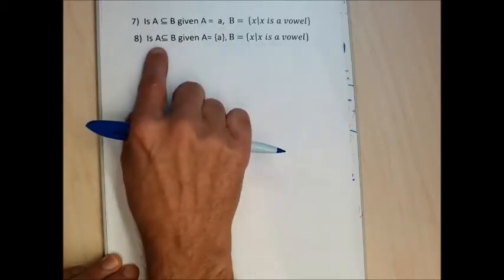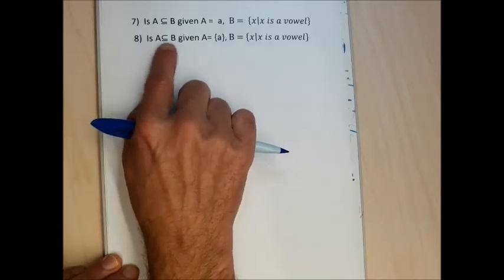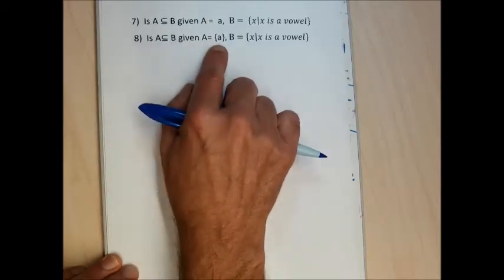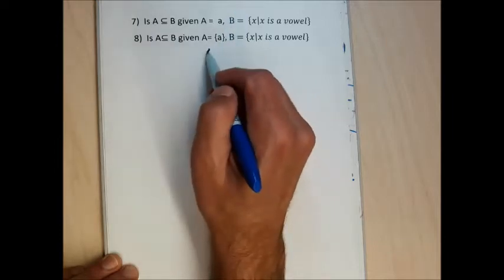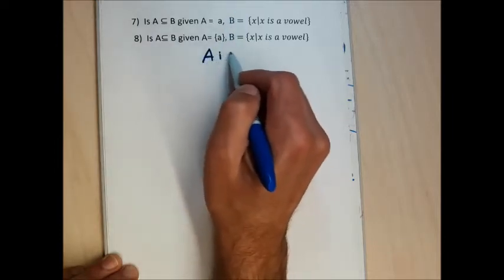Let me look at mine. Number 8, is A a subset of B, given A is a set that contains A? So rule 1, A is a set.